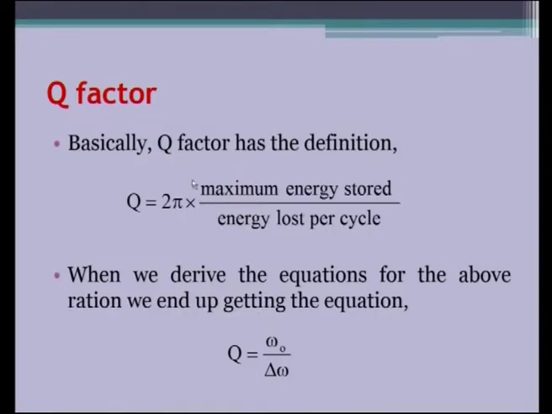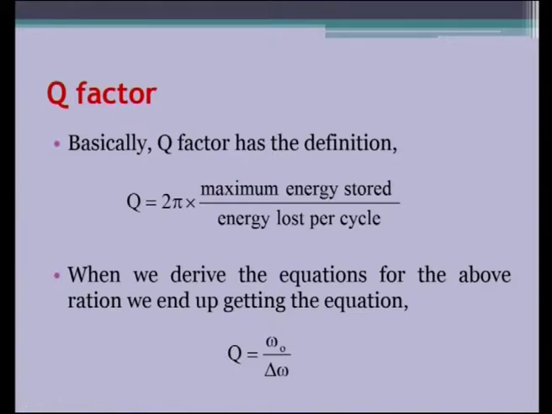Basically, the Q factor is defined as the ratio between the resonance frequency and the bandwidth. It has got a typical technical definition like 2 pi multiplied with the ratio of maximum energy stored to the energy lost per cycle. This is the actual definition for the Q factor.